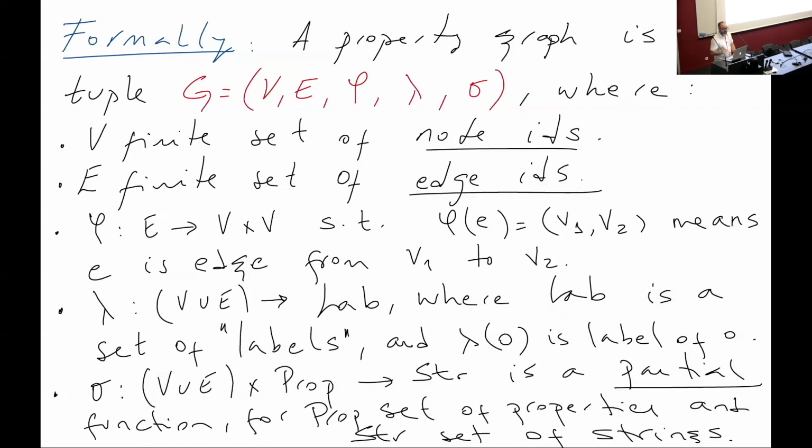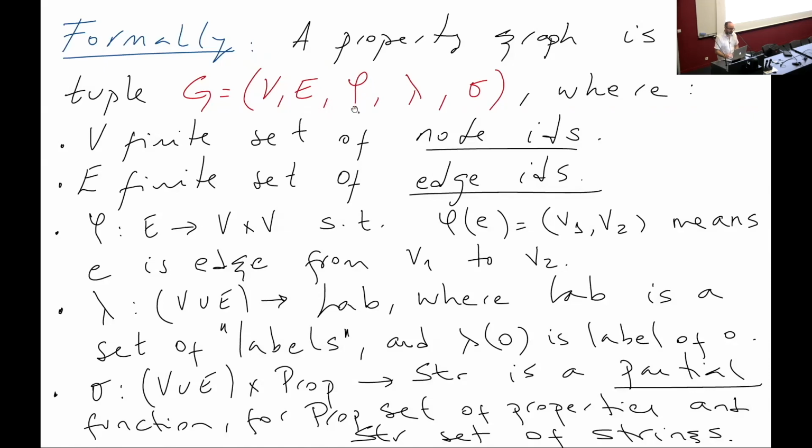So, in a formal way, what a property graph is. A property graph is a tuple G, which consists of a finite set of nodes, a finite set of edges, these are IDs, right? We have node IDs, edge IDs.